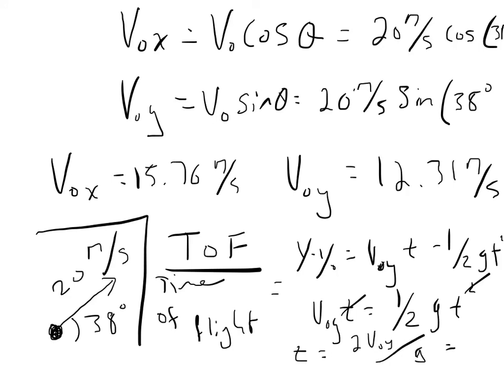So somebody give me a solution. 2 v naught y was 12.31 meters per second, so I've got 24.62 meters per second divided by 9.8 meters per second squared. It's going to give me something that comes out in seconds, right? What is it? 2.51 seconds. 2.5 seconds.